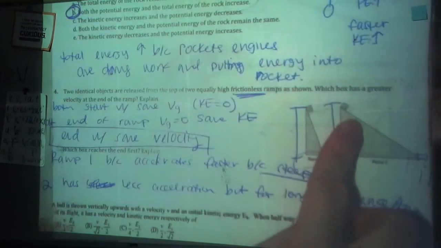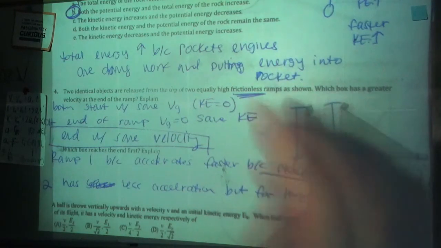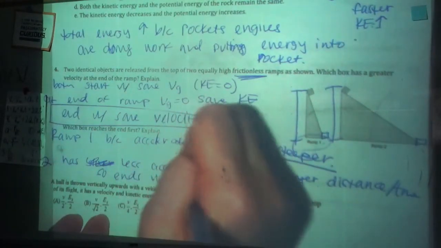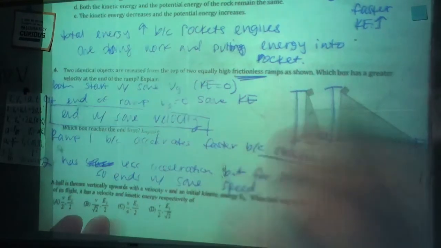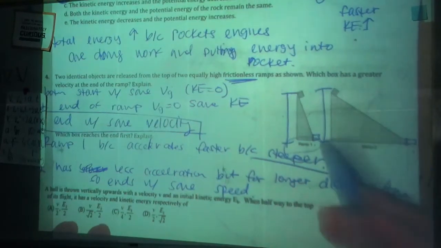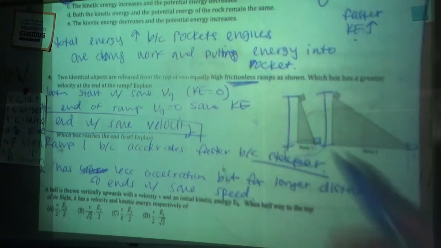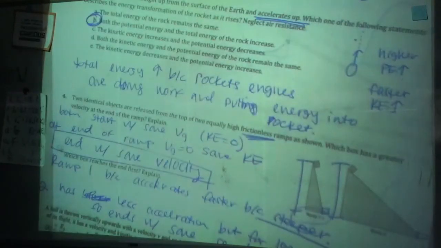So this one might not be accelerating quite as fast, but it does it for a longer distance and a longer time, so it ends with the same speed. They end with the exact same velocity, but this one got there first because it accelerated to that velocity first. And the last one I'll leave you to try on your own. You can check with Gabe.